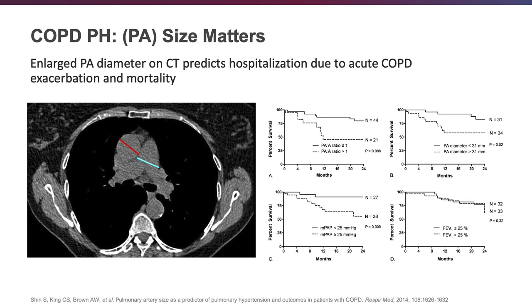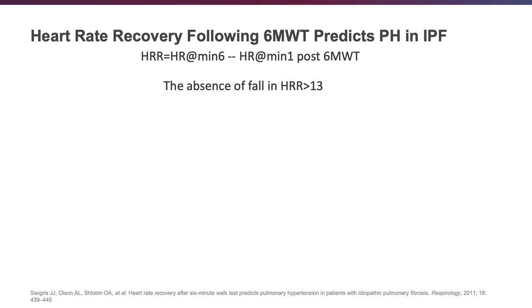So CT scan can be very useful, and when enlarged pulmonary artery is seen on the CT scan in patients with chronic lung diseases, pulmonary hypertension is one of the things that should be considered, especially when someone is coming in with worsening symptoms.